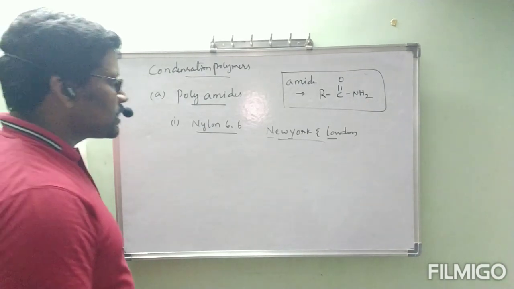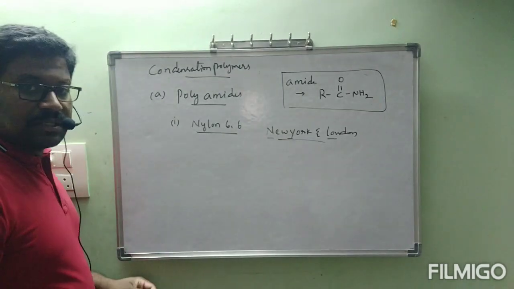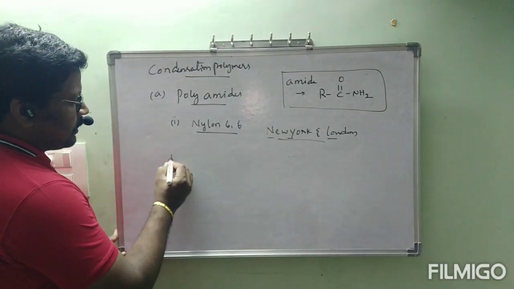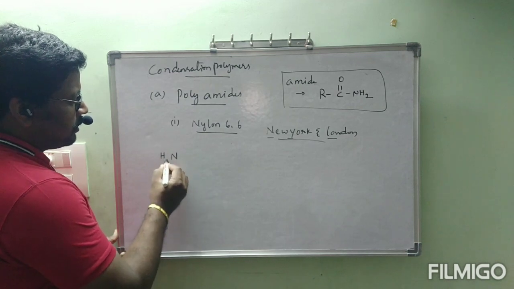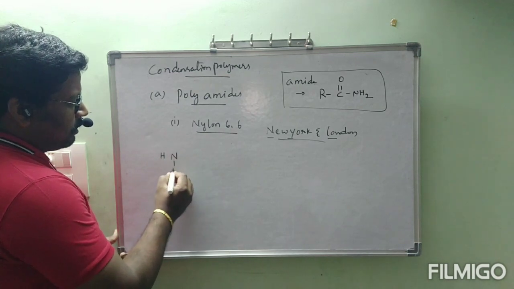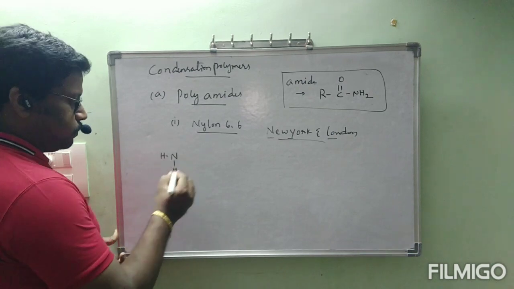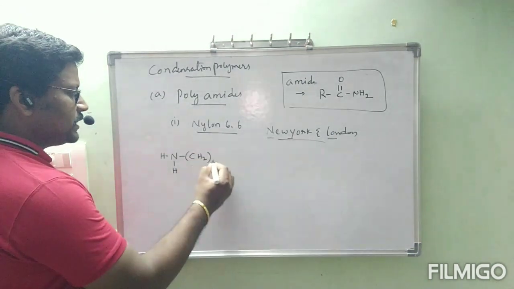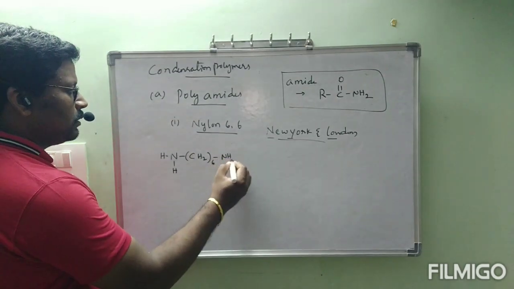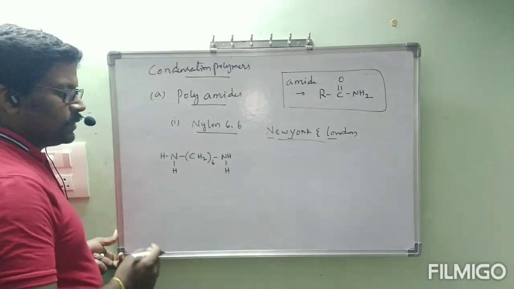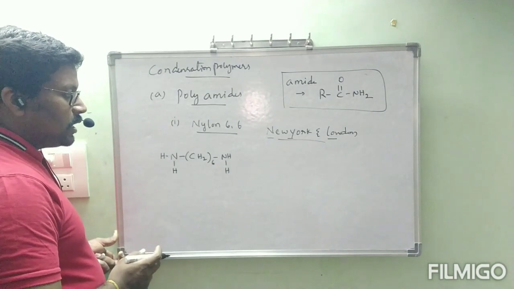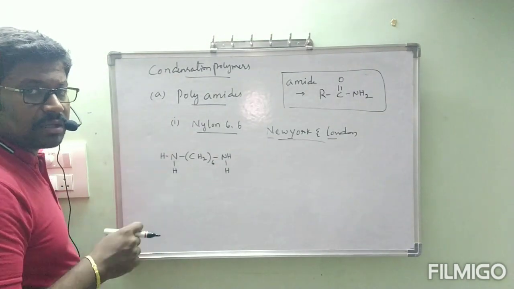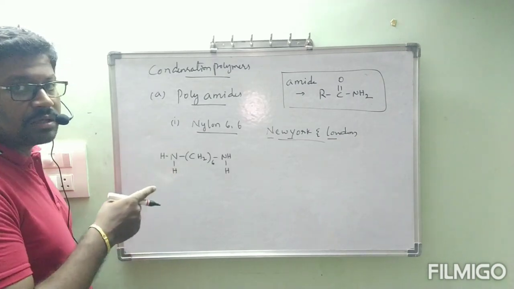Okay, now what are the monomers of this nylon 6,6? Those are NH2, CH2 6, NH2. If you remember, at the time of starting of polymers, I explained how it got its name.